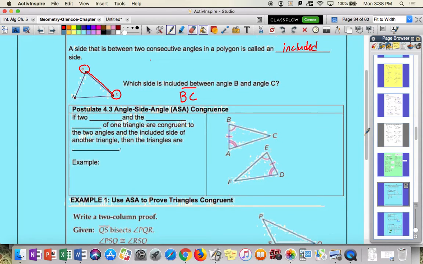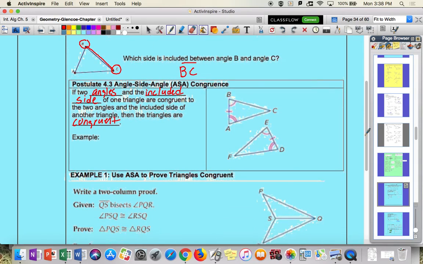We're going to use that vocabulary term as we go through this particular section, and the next congruent shortcut uses that. So if 2 angles and the included side of one triangle are congruent to the 2 angles and the included side of another triangle, then the triangles are congruent. For example, angle A right here is congruent to angle D in our second triangle.